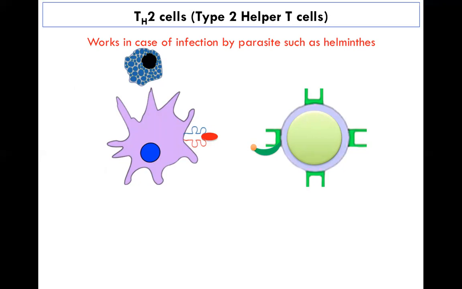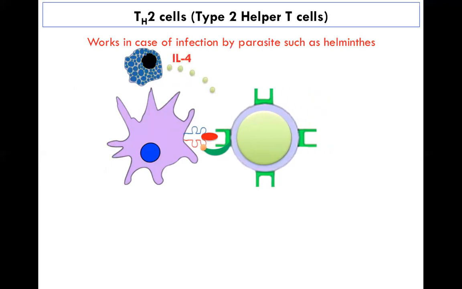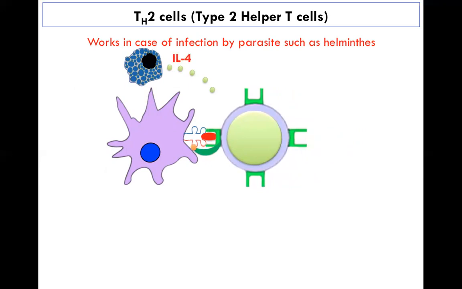And what they do, actually, if you look here, when the antigen is presented to the helper T cells, they start to secrete a certain kind of cytokine, and in the case of TH2 cells, the cytokine is interleukin 4. That interleukin 4 is released by the mast cells in case of infection by helminths, and it regulates TH2 differentiation.